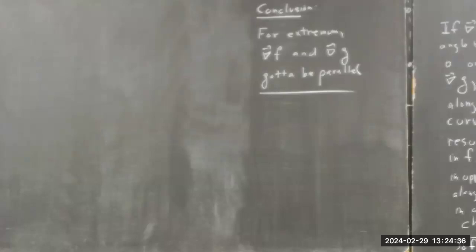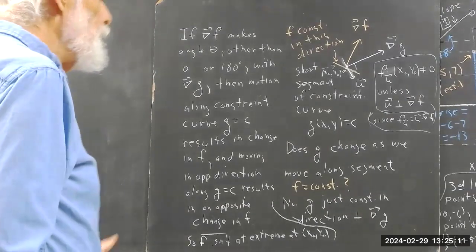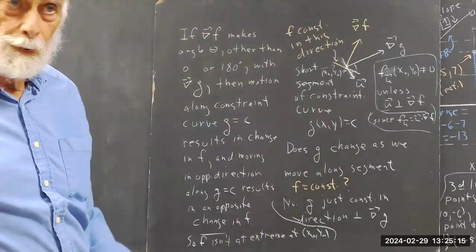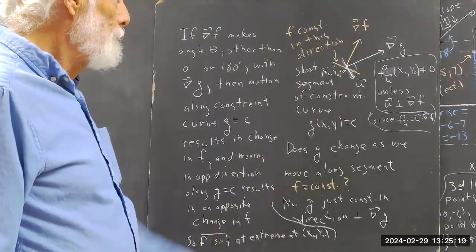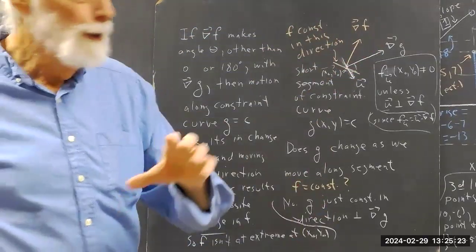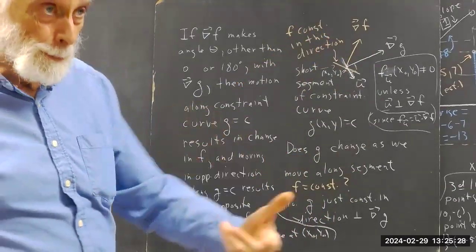I can't tell whether the camera's focused or not. Let me back up just a little bit. The camera went out of focus, probably when it didn't have anything to focus on. But just in case, here's our picture. Del G is in this direction, del F is in this direction. They're drawn so that del G and del F are not parallel. And that's what it comes down to.